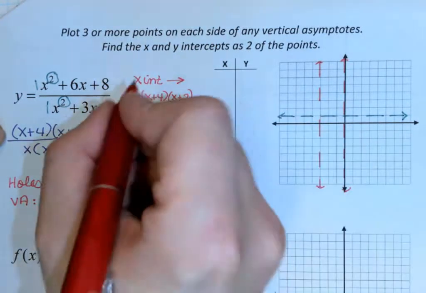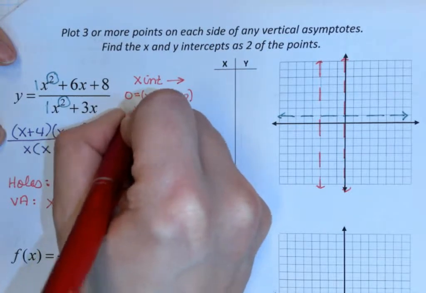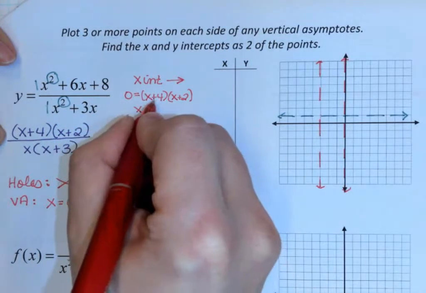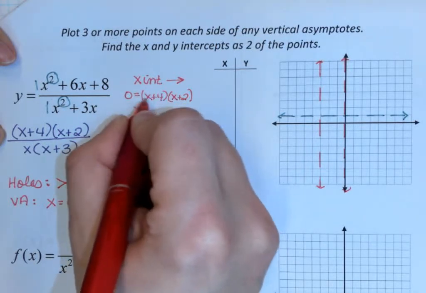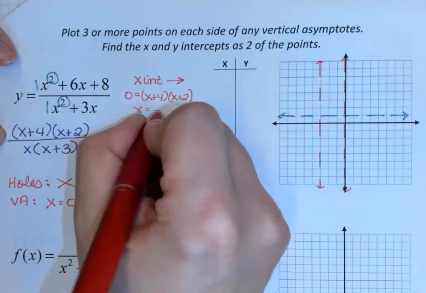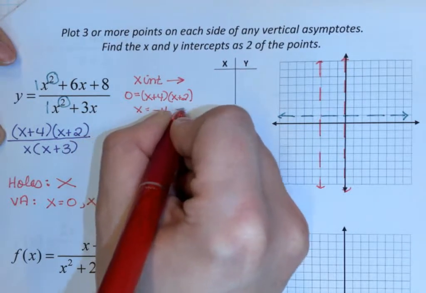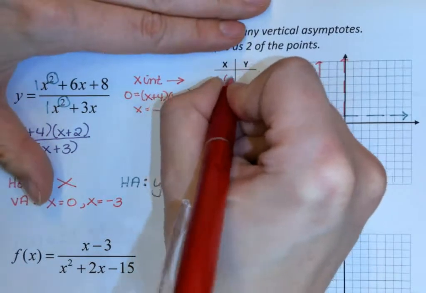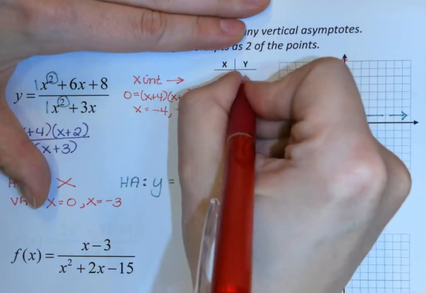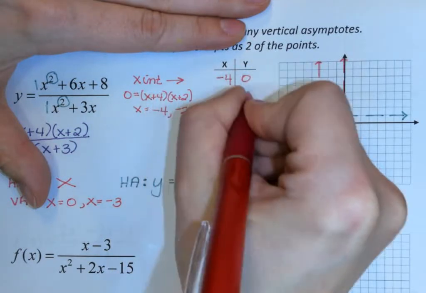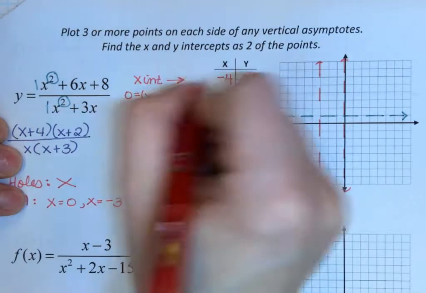Okay? So when I solve that, what am I going to get for x? -4, -2. So when y is 0, I get -4 and -2 as my points.